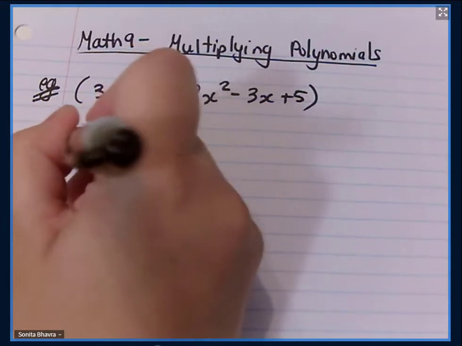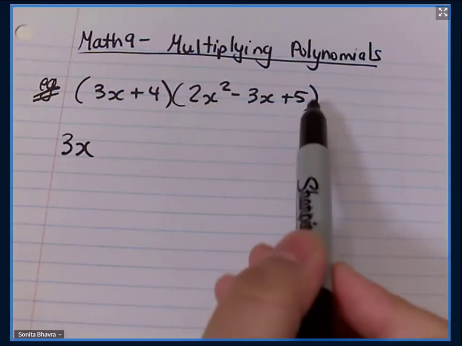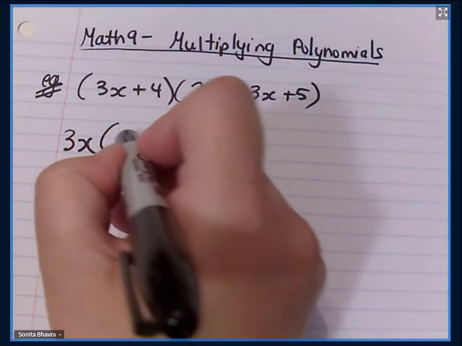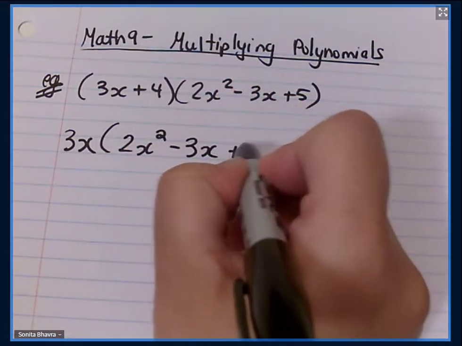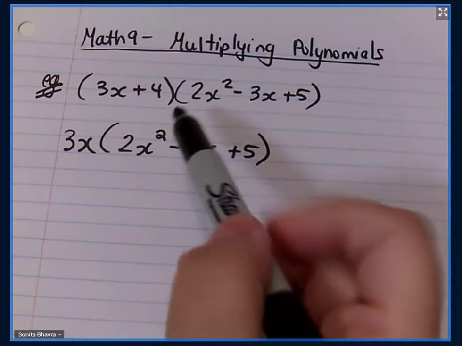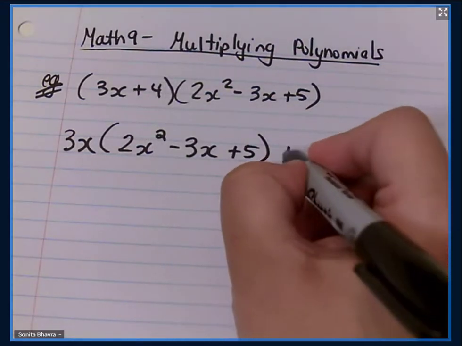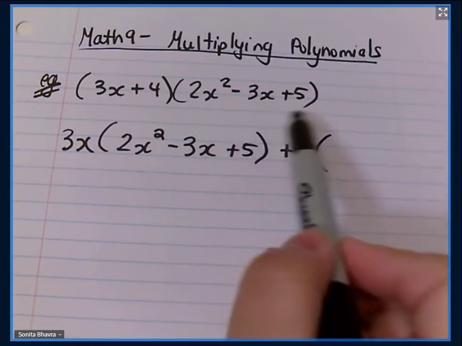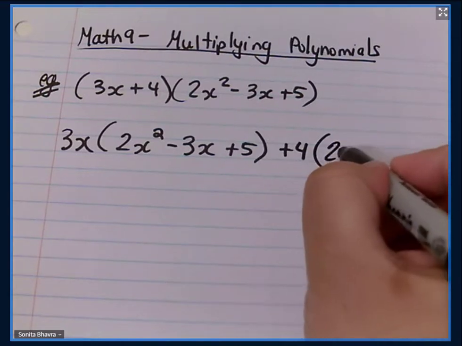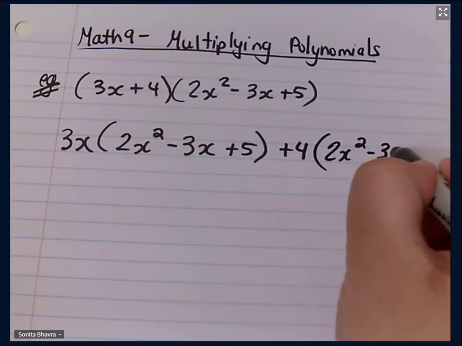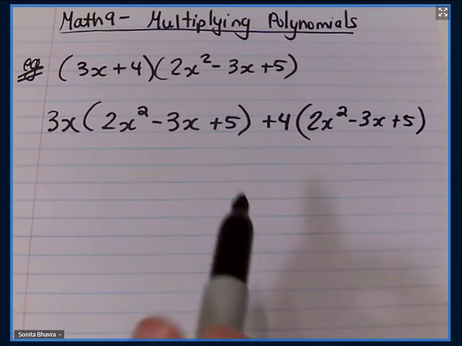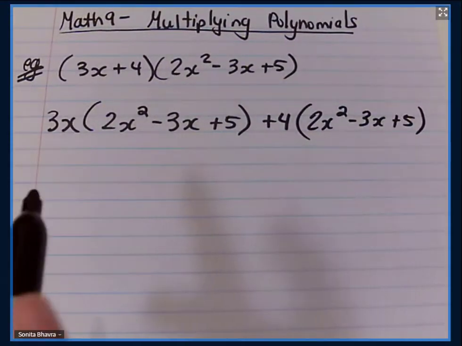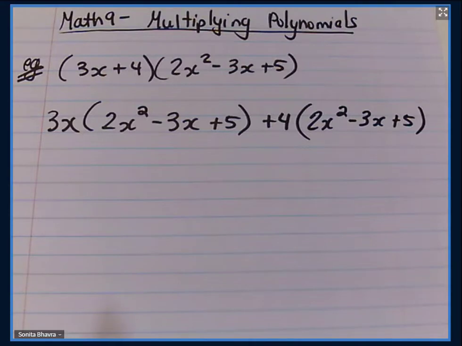So we take the 3x and multiply it with the trinomial. So it becomes 2x squared minus 3x plus 5. And then we have to take that plus 4 and multiply it with that trinomial, like so. All right, and then this starts to look a little bit more similar to what we have seen before.